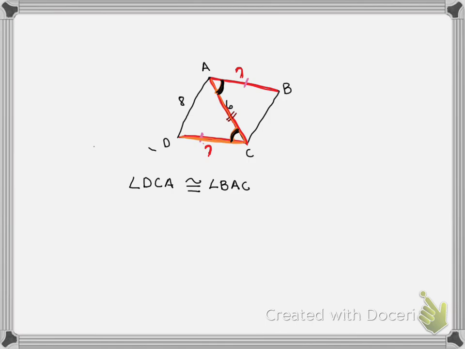That would be the information that we would need to know to say that triangle ABC, this one right here, is congruent to triangle CDA, the one on the left. Okay? Now you can say that those triangles are congruent to each other by SAS.